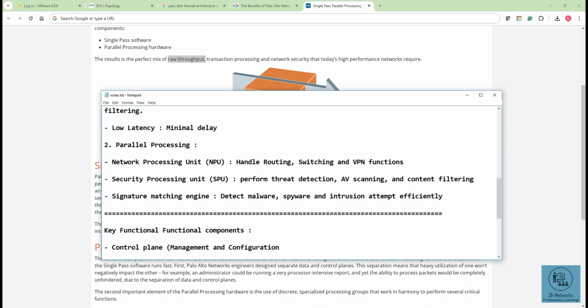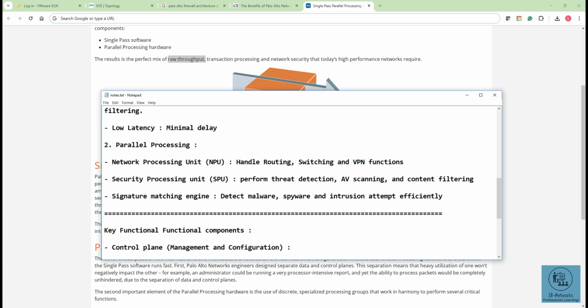Whenever the administrator is managing this particular firewall or doing any configuration on it, this responsibility is taken care of by the control plane in the hardware. Basically the job of the control plane is to run the management and configuration tasks.